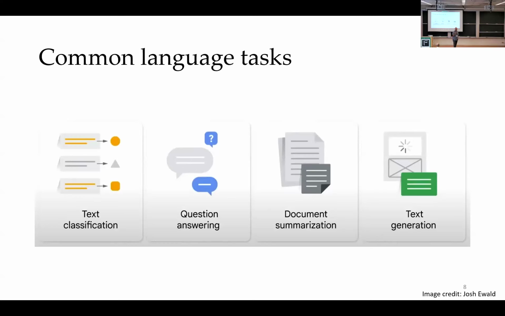That would be a binary classification. Another common application for text classification would be classifying so-called toxic comments on social media, things that are problematic, racist and so on, as opposed to non-toxic, right? So this would be one common language task.